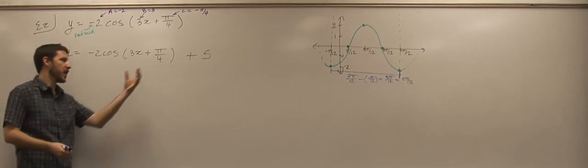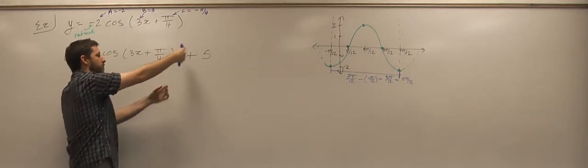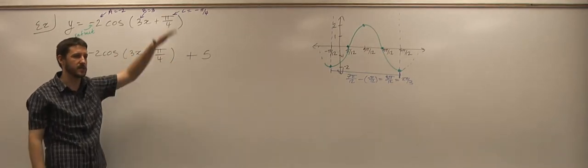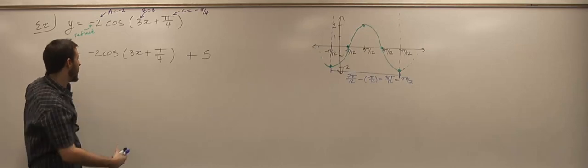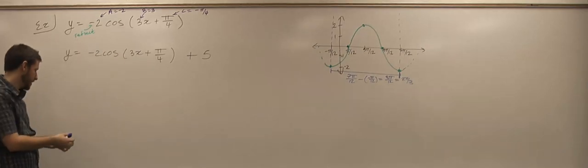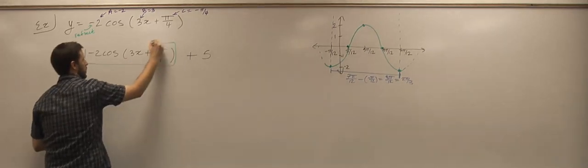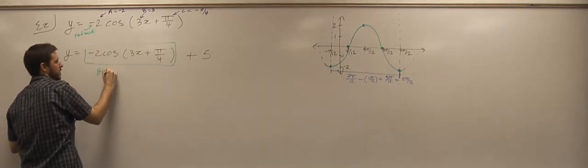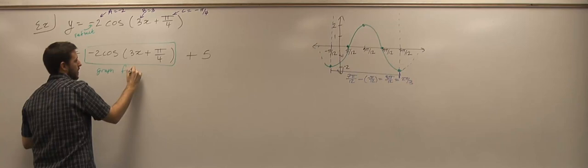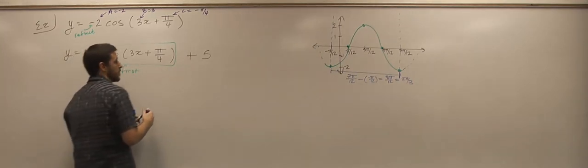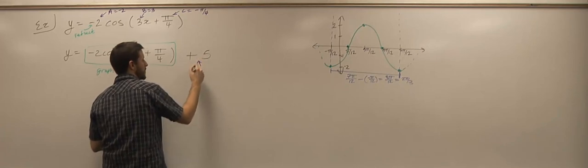So when you add or subtract a number outside of the parentheses, outside of the function, that's going to move you up and down on the y-axis. So the strategy for graphing this is basically graph this guy first, which we just did, and then because of this, move everything up 5. All the points go up 5.